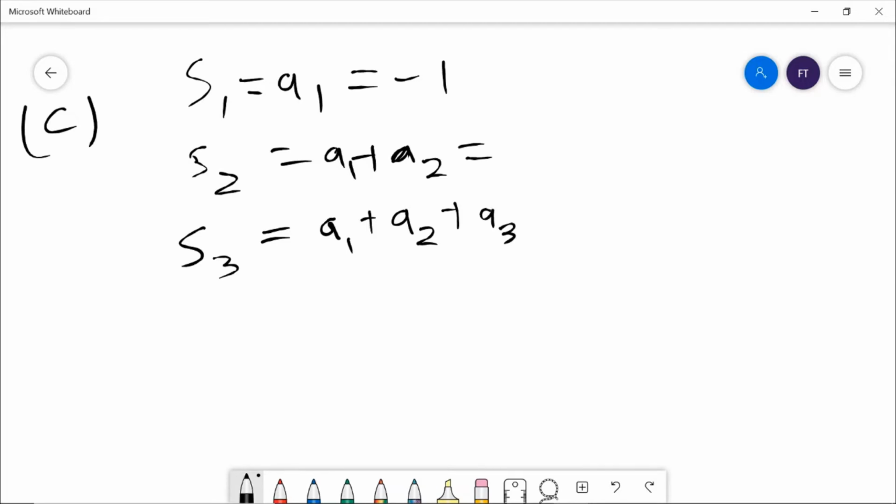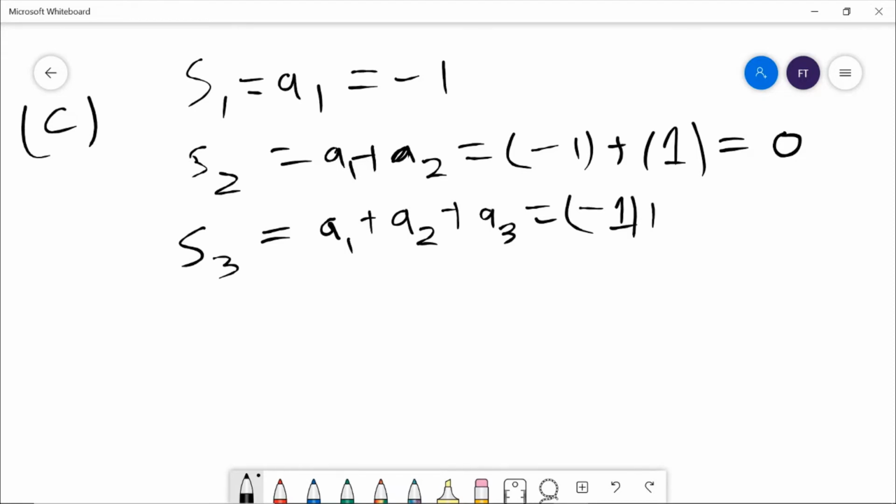For S2, we know this is a1 plus a2, and we get -1 plus 1, which equals 0. For S3, it's a1 plus a2 plus a3, and we see that this is -1 plus 1 plus -1, which is equal to -1.